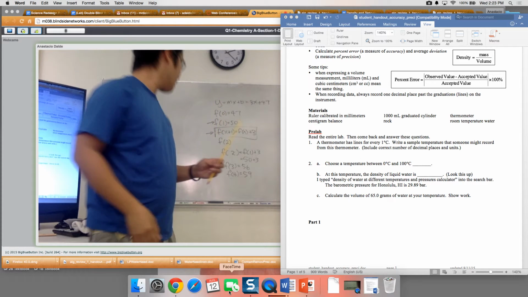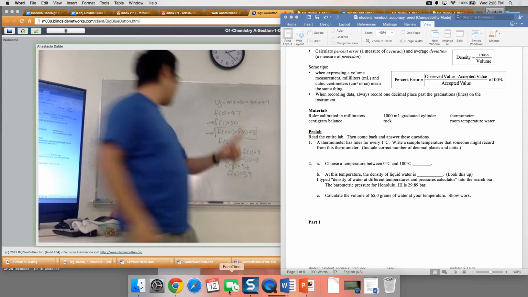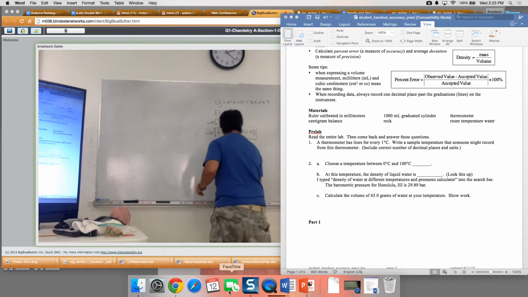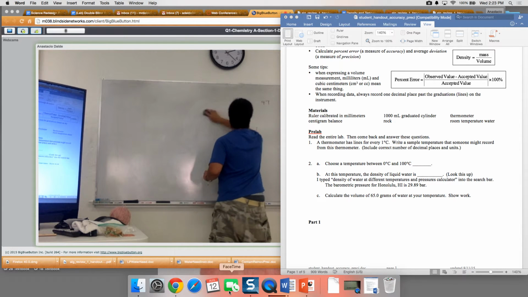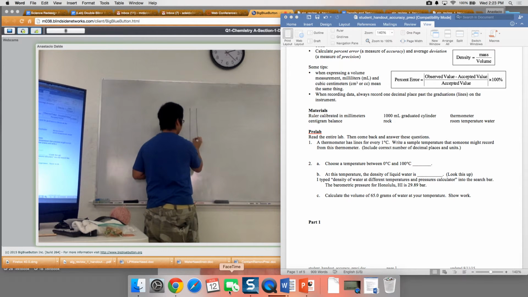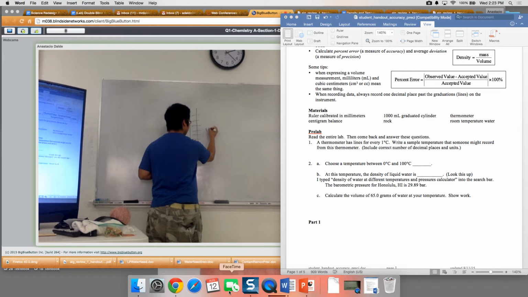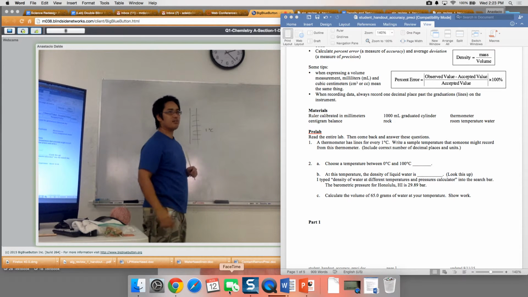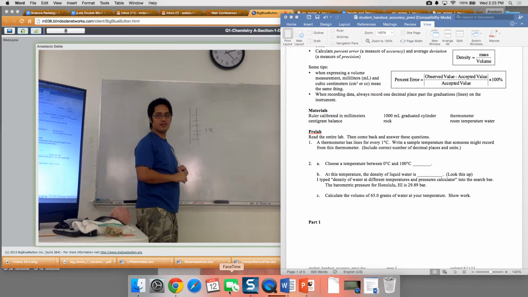Perfect. All right. So, if I can measure something up to 1 degree Celsius, let's draw a thermometer. This represents 1 degree Celsius. Then how do I write down my temperature?